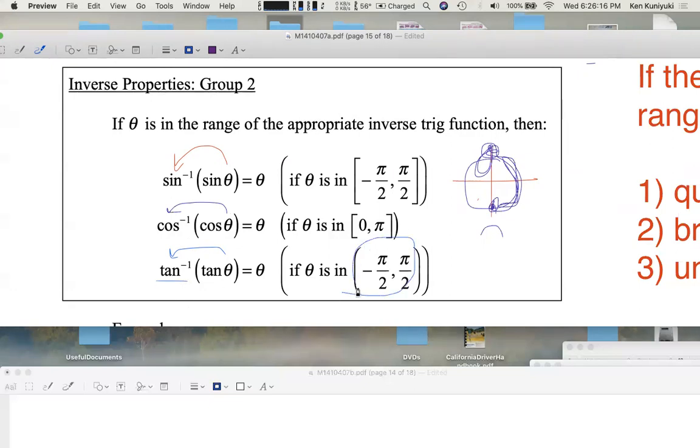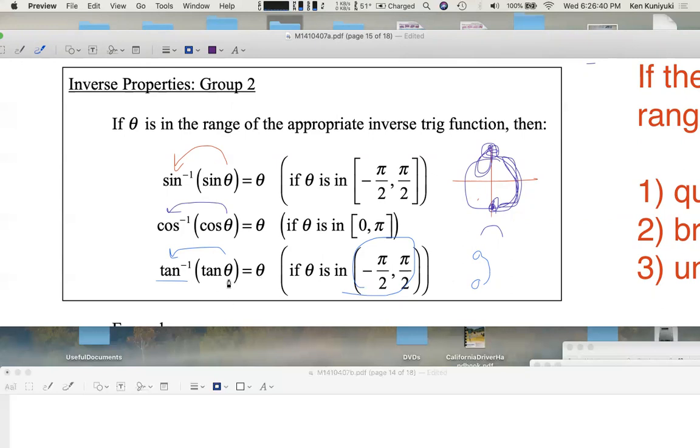It's only this interval. We don't even pick up the South Pole and the North Pole. We actually exclude the South Pole and the North Pole, but we do get everything in between. The range for inverse tangent is very similar to the range for inverse sine, except the range for inverse tangent is open. If theta is in this interval, then theta is spit out.